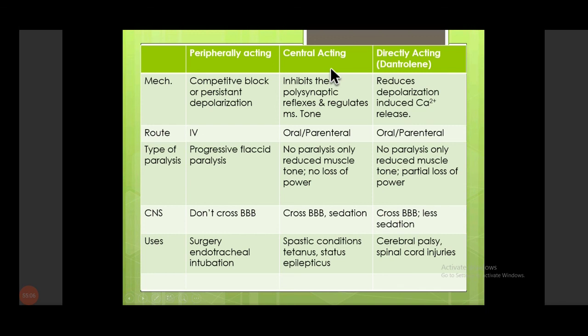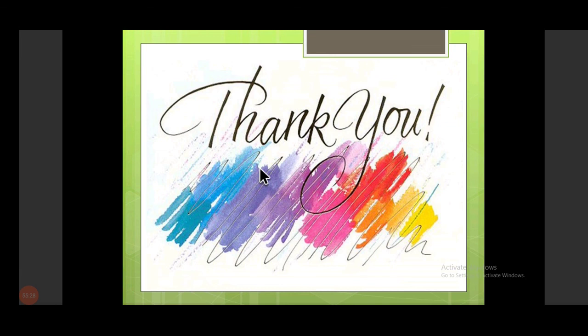Uses: facilitate surgery and endotracheal intubation. Centrally acting agents are used in spastic conditions and status epilepticus. Dantrolene may be used in cerebral palsy and spinal cord injuries, and is a drug of choice.